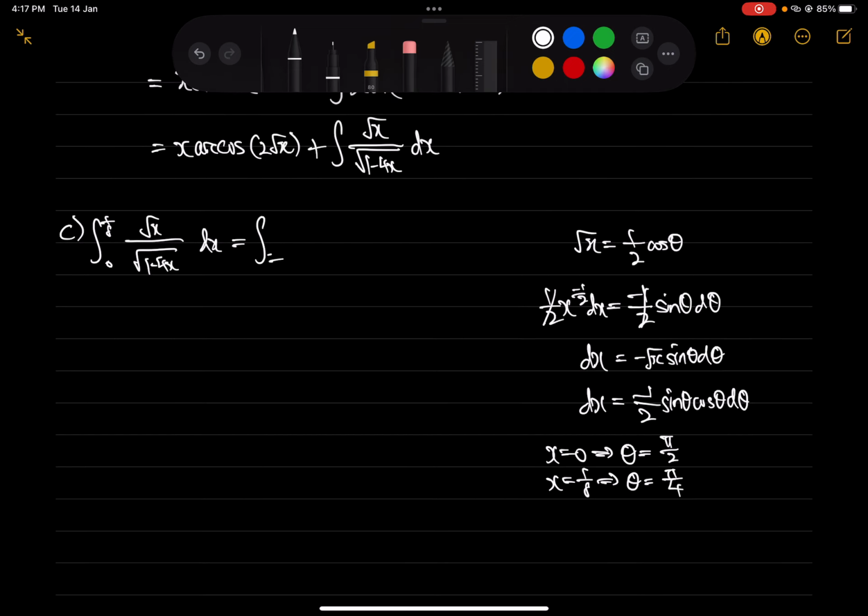So this is pi/2 to pi/4 of root 1 minus 4x, where 4x is 2 root x squared. So 2 root x is cosine theta, squared is cosine squared theta. So 4x is cosine squared theta. 1 minus that is sine squared theta. Root is sine theta.